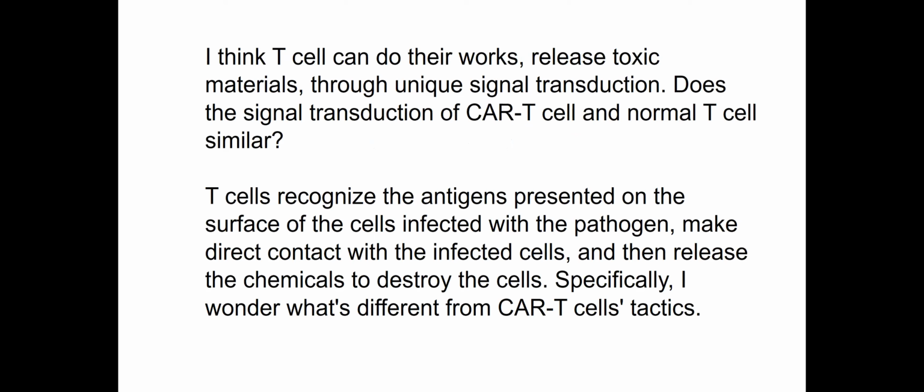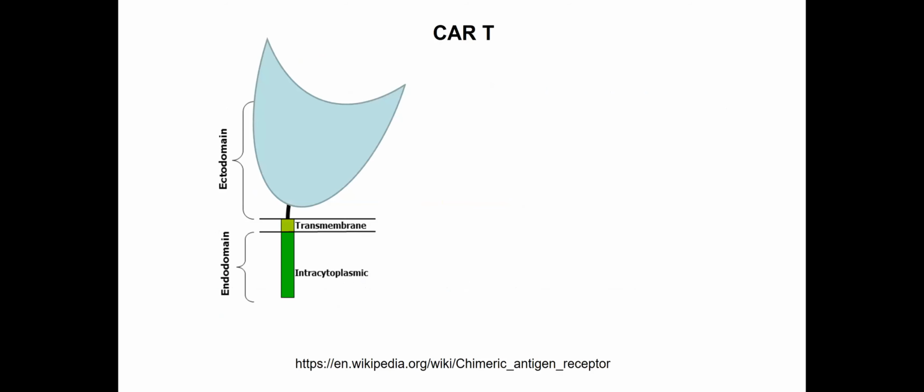Depending on how you made the CAR T, it may have different functions. If you change only the receptor part, then the downstream toxicity part should be the same. But if you change a different part, let's say this is the original T cell, and here is the T cell receptor.